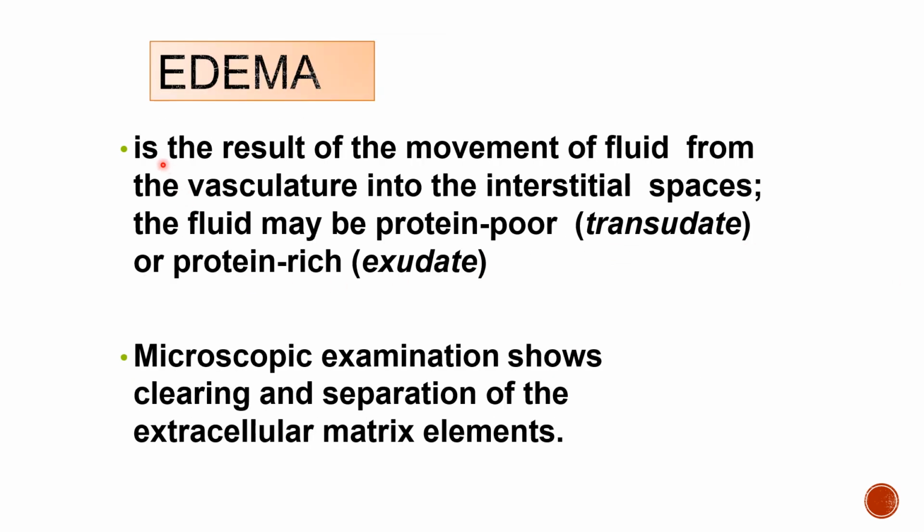And the most important common disorder is edema. It is the result of movement of fluid from the vasculature into the interstitial spaces. The fluid may be protein poor, that is transudate, or protein rich, which is exudate. And the microscopic examination shows clearing and separation of the extracellular matrix elements.